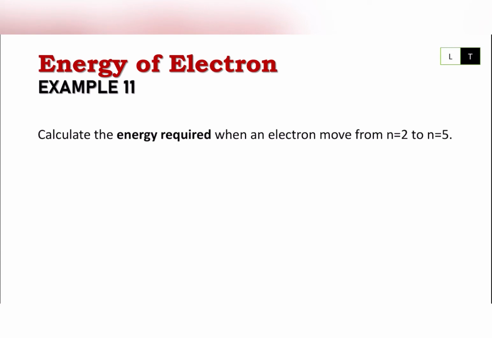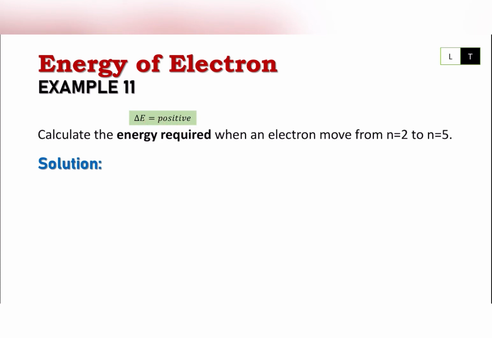Let's try example 11, where I need you to calculate the energy required when an electron moves from n equals 2 to n equals 5. The important part of this question is knowing which one is your n initial and which one is your n final. Based on this question, the energy required is delta E with a positive sign. Why? Because this wording means the energy is absorbed, so the sign for delta E is positive.